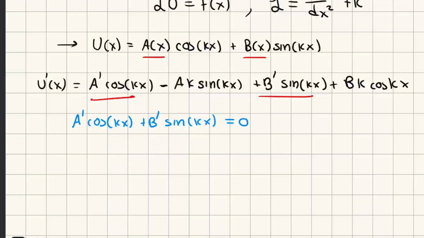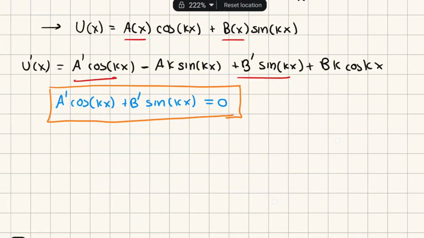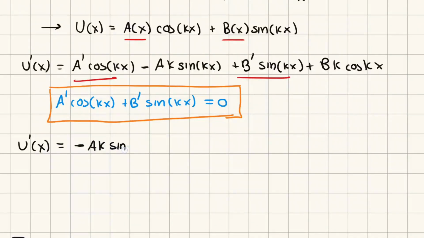This step is made to make the process simpler, making the calculations easier, but we need to save this equation because we are going to use it later. So if we take this to be true, then the first derivative of u is going to be minus ak sine of kx plus bk cosine of kx.